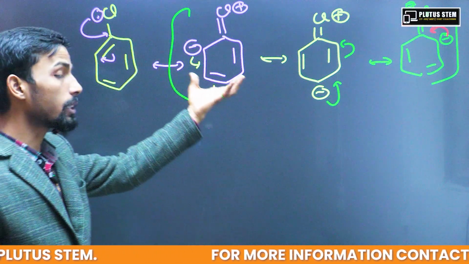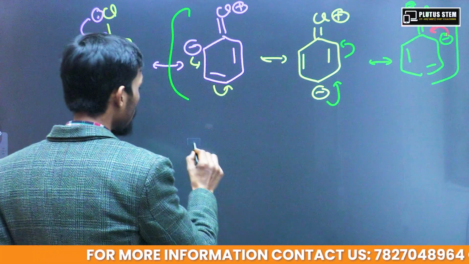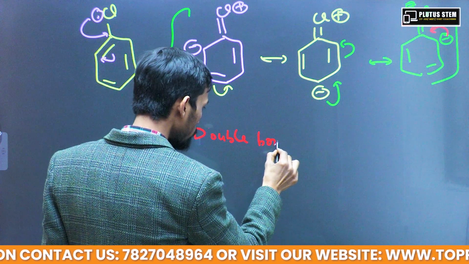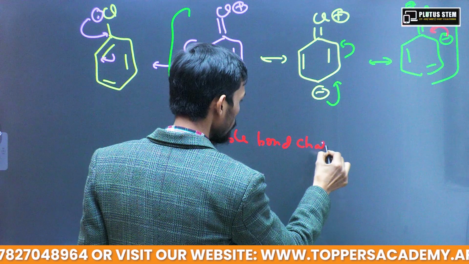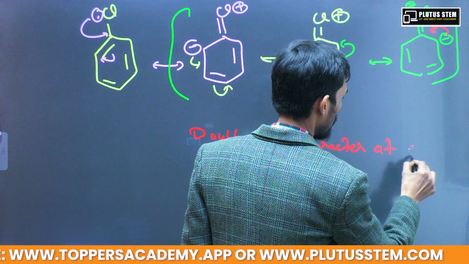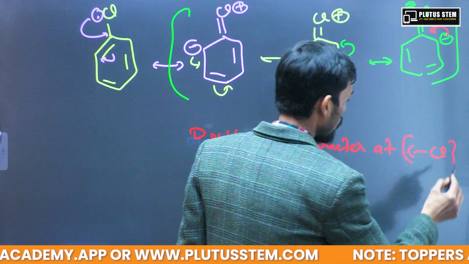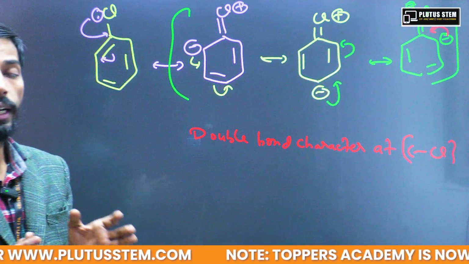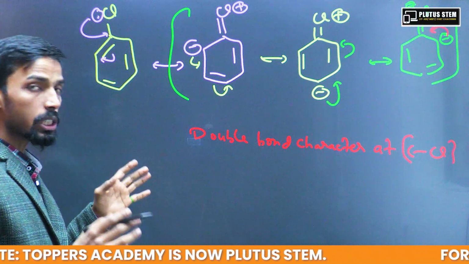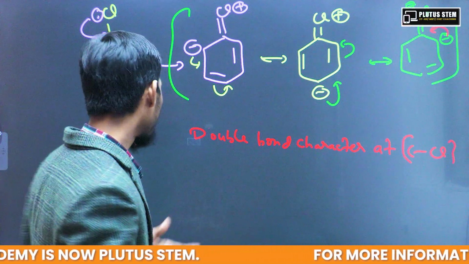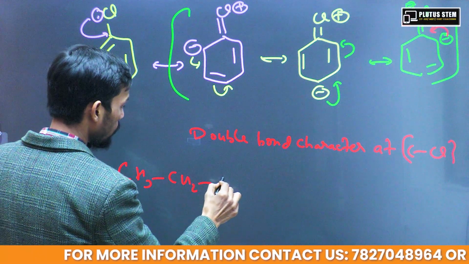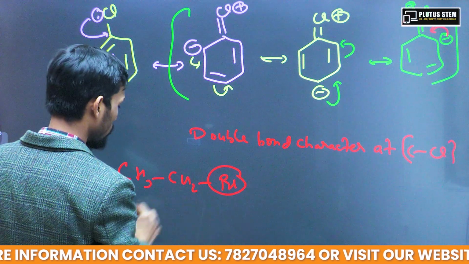In this you can visualize that there is a double bond character. This carbon-Cl bond has double bond character, which means it is much stronger as compared to CH3CH2Br or Cl, whatever.